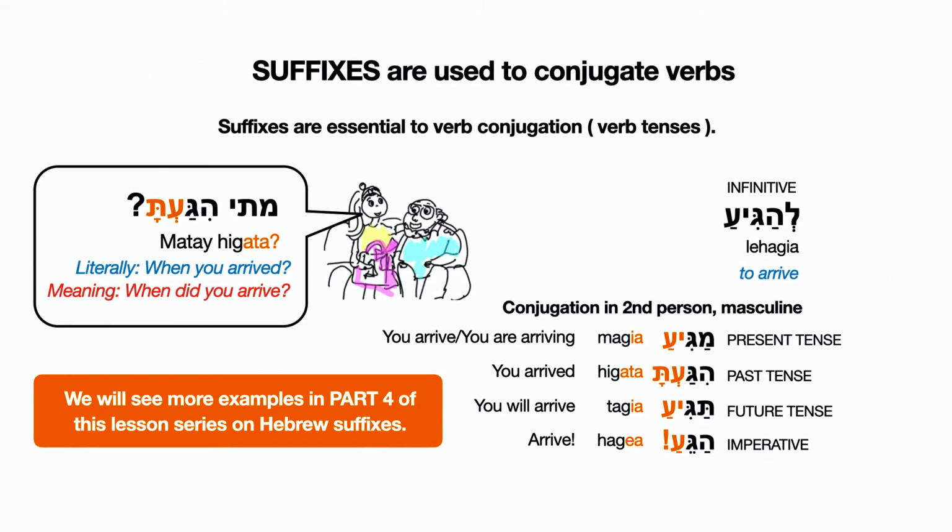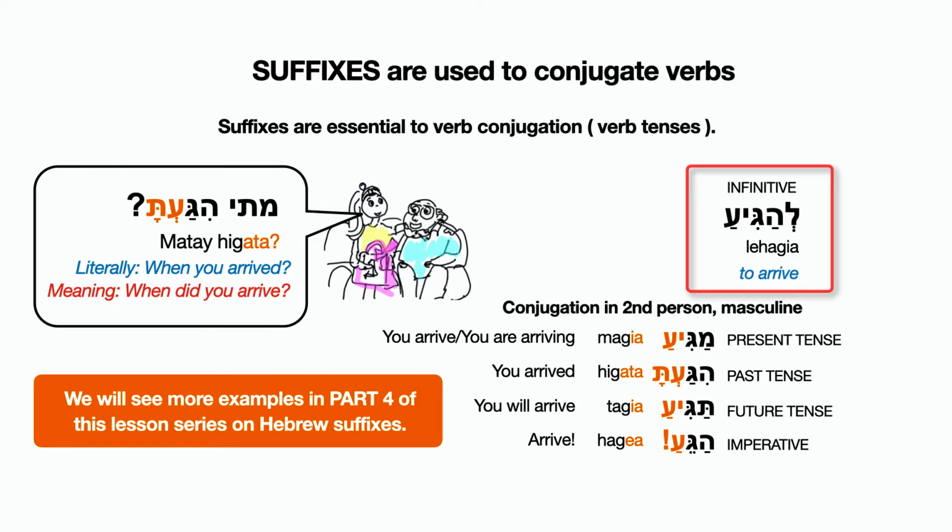Suffixes are also used to conjugate verbs. And in fact, suffixes are essential to verb conjugations, to know the verb tenses, present, past, future, okay, to know the imperative and infinitive. So in this example, we have the Hebrew verb lehagia. Lehagia means to arrive.